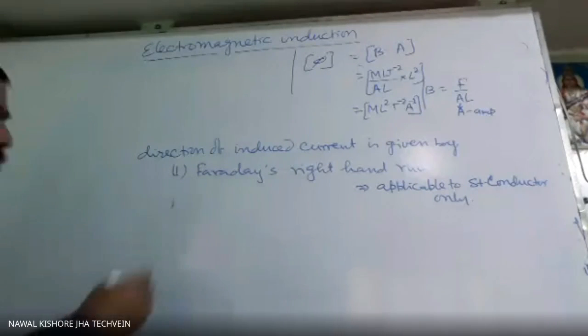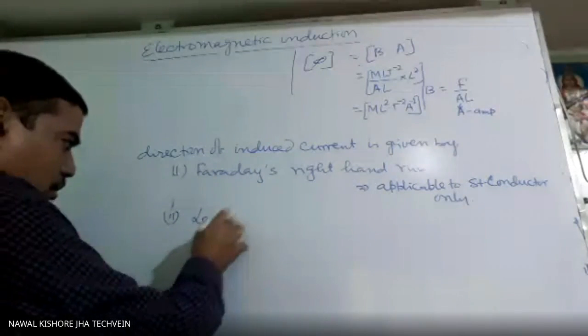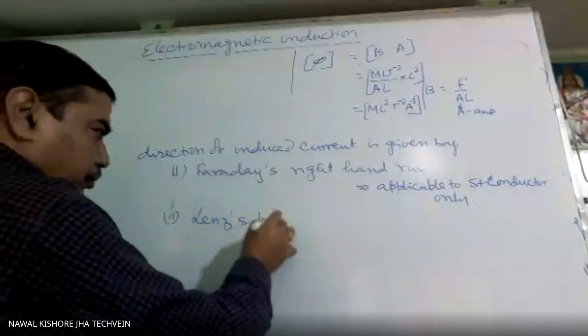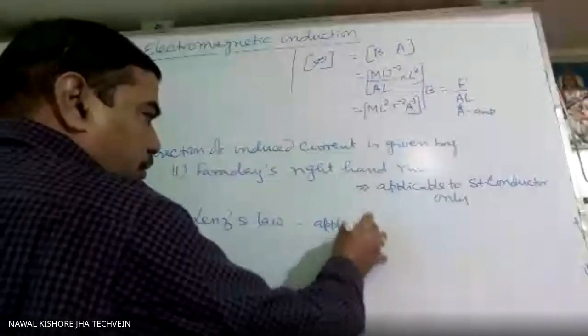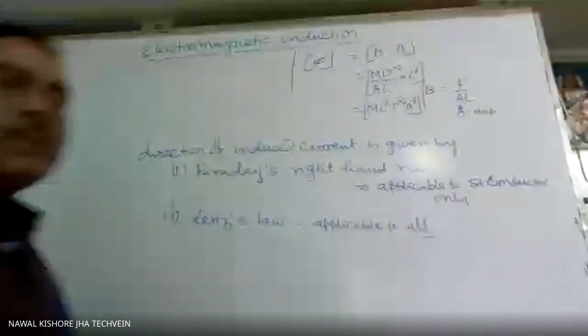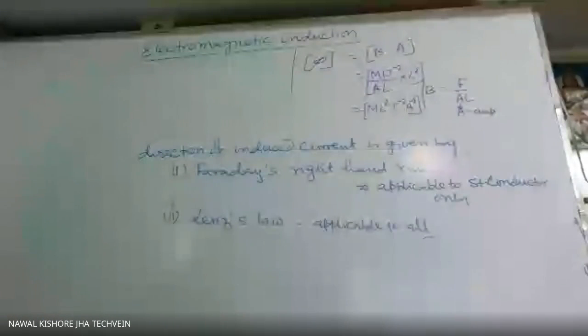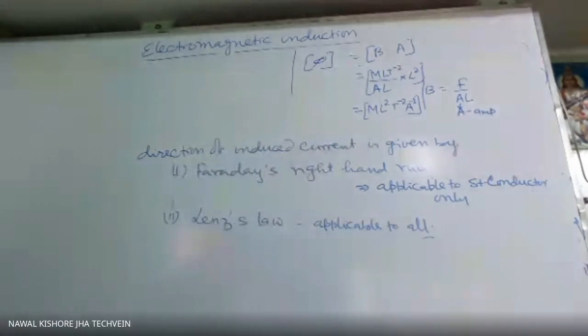The second one, Lenz law, is applicable to all, whatever the shape of the conductor or coil may be. It can be applied even in a straight wire. So the most common one is Lenz law, and we frequently use this one.